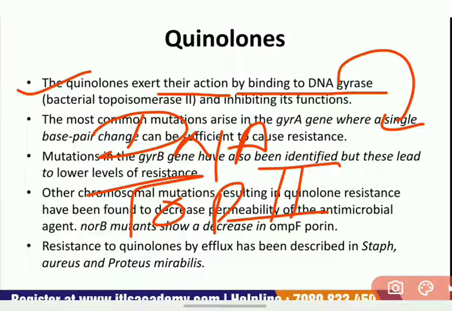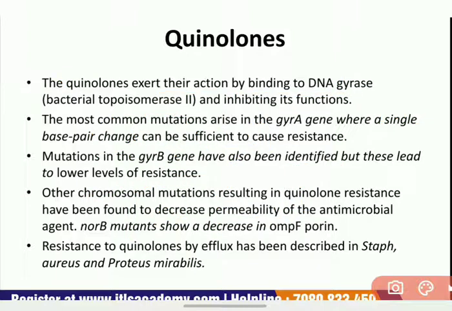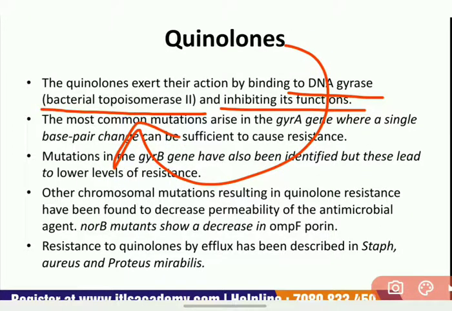DNA gyrase is bacterial topoisomerase 2. Quinolones inhibit the function of this enzyme, which is involved in relaxing the supercoiling of the DNA during the process of DNA replication.